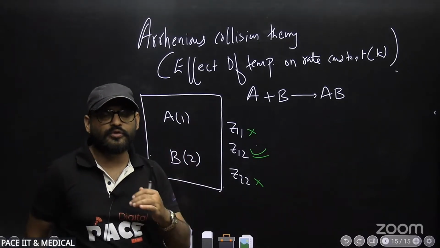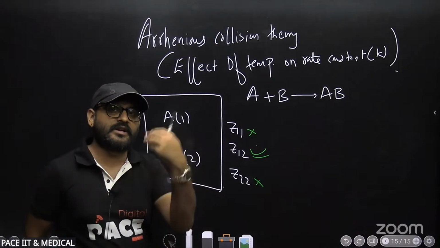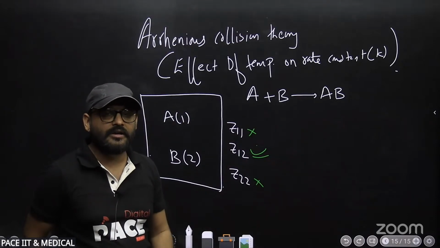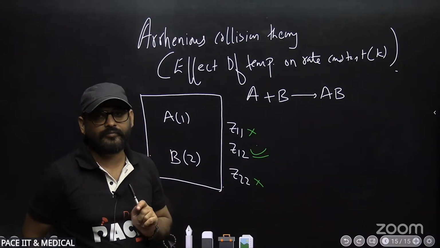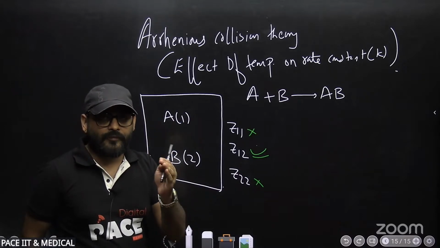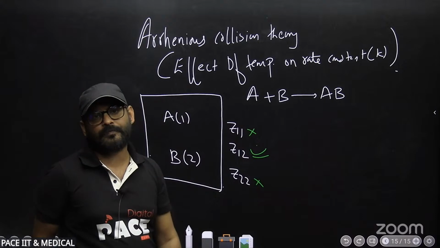It is too simplistic to say that every collision between A and B will result in product formation. In reality, the actual number of AB will be much lesser than Z12.